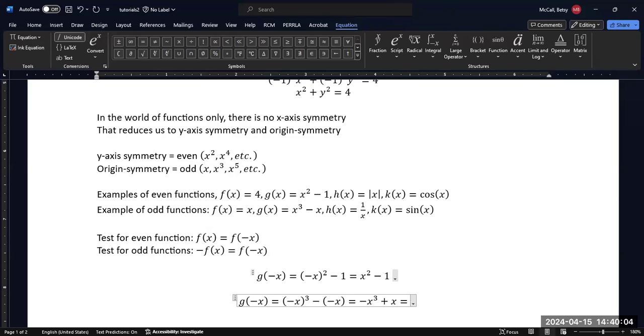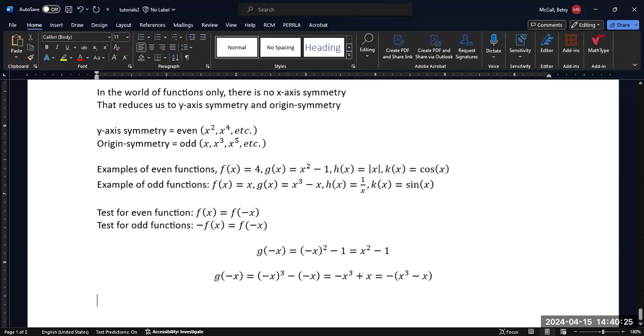And that is the same thing as the negative times my original function. So if I plug in a negative on this side, I get the negative of the original. This is an odd function. This has origin symmetry.